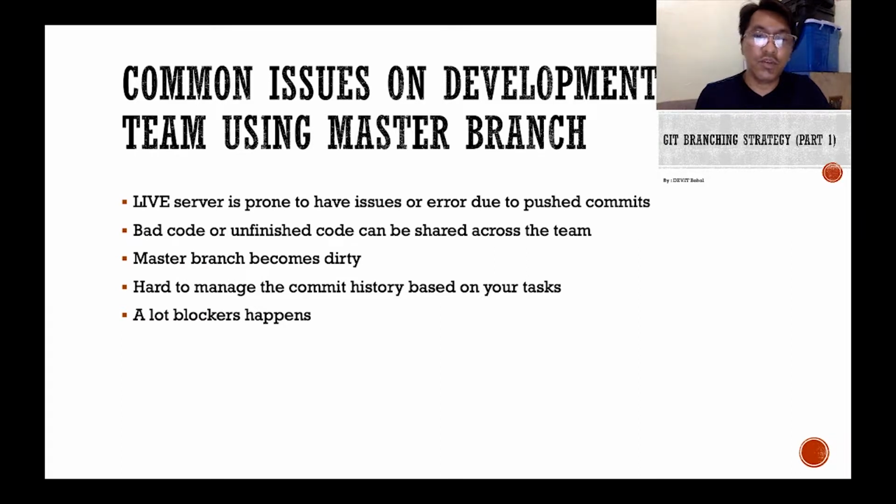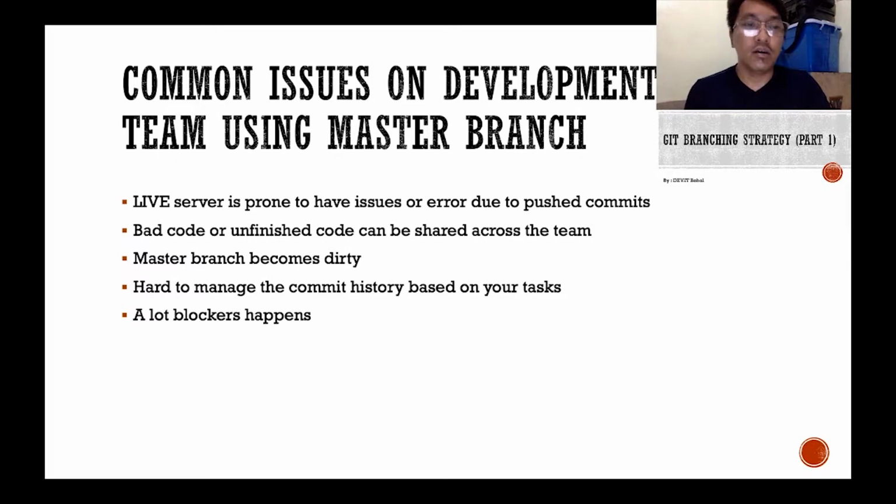So when you commit to that branch, push it, and share it with your developers, and it happens that your live server is using that master branch too, then if the live server gets those updates, it executes a git pull or git fetch origin. So all of the commits during development are pushed, and now your live server is in a critical state, prone to error.